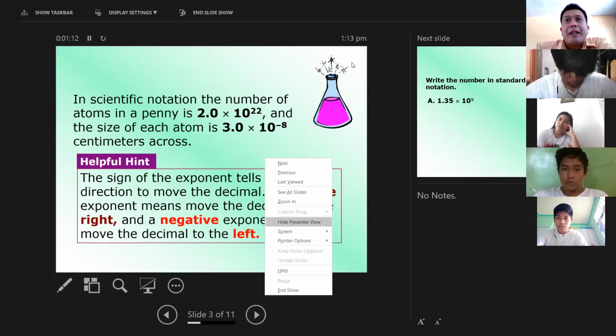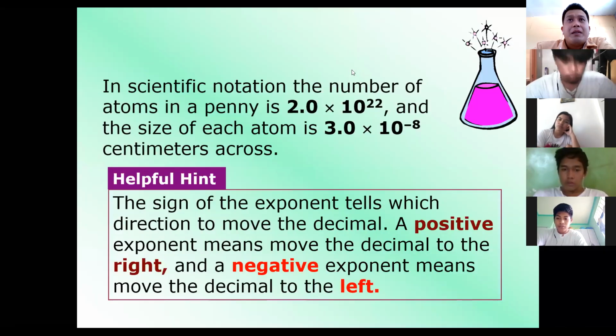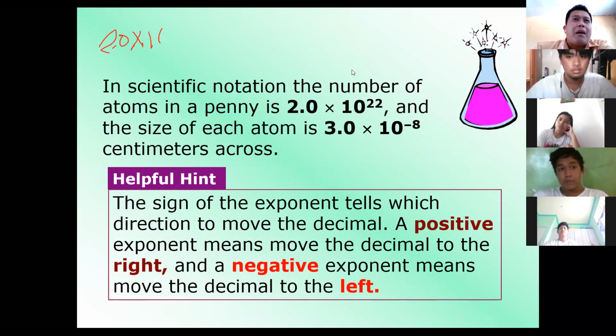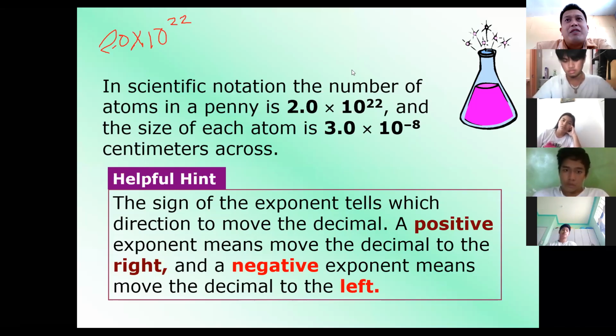Example, we have 2.0 times 10 to the power of 22. To check if your answer is right, let's try to move the decimal point to the right. Okay?